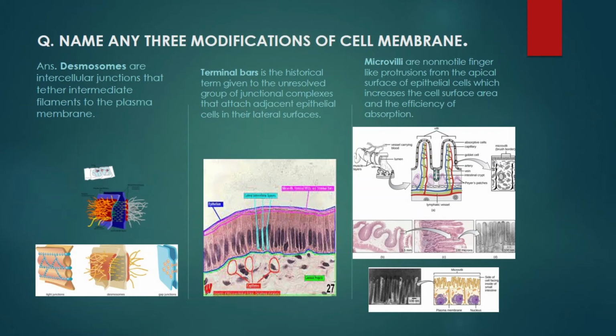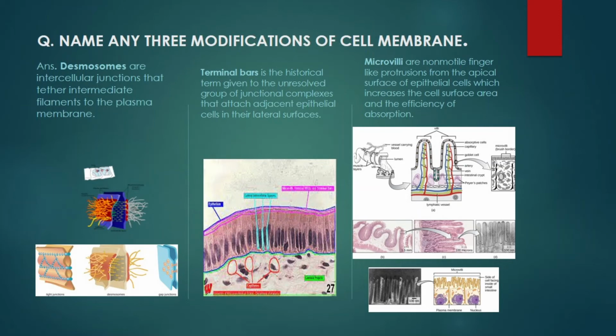So these are the non-motile finger-like projections from the apical surface of the epithelial cells which increase the cell surface area and the efficacy of absorption. You can see that clearly in the pictures given down there, along with the description; more details are not required.